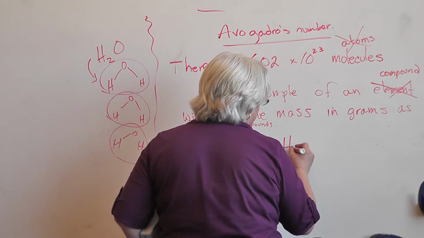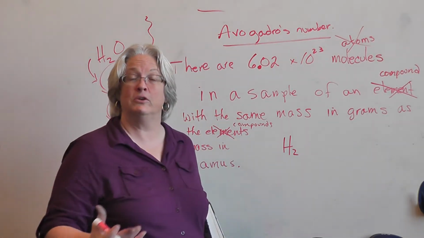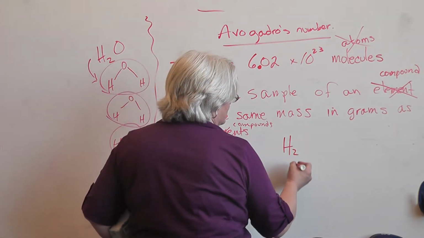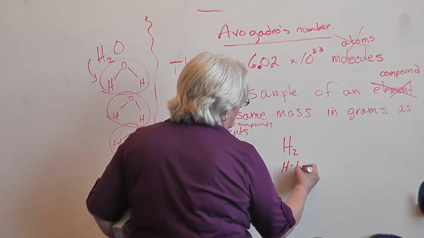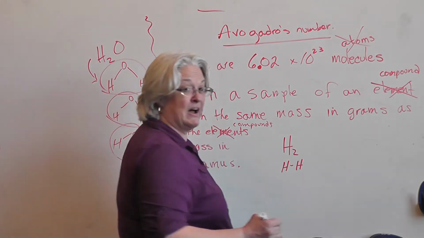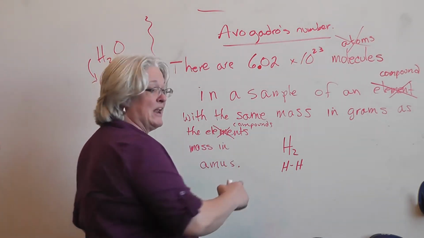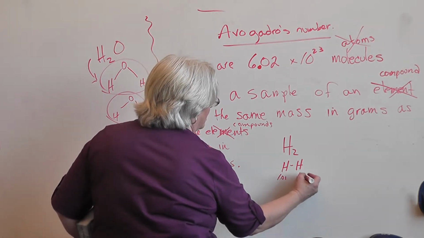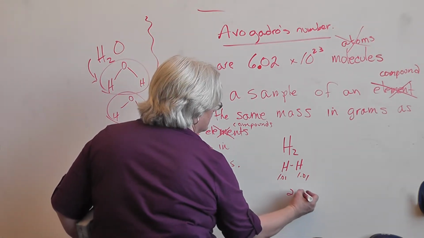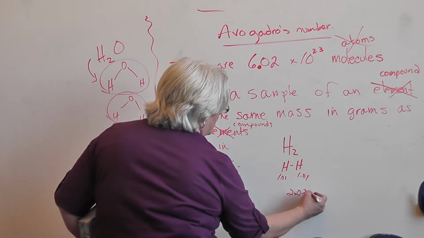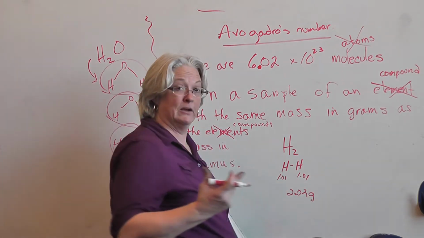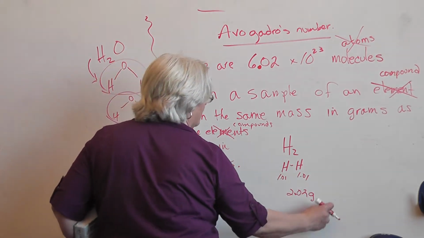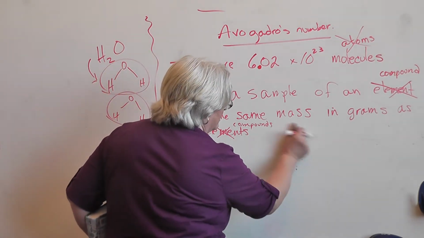If we had hydrogen, there are 2 atoms of hydrogen that are hooked together here. So the mass that we would need of hydrogen, if one hydrogen atom has 1.01, is 1.01 plus 1.01, which is 2.02 grams of hydrogen, which would contain Avogadro's number of atoms, or even more than that.